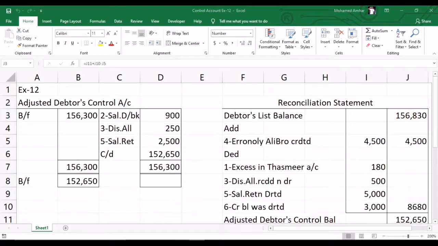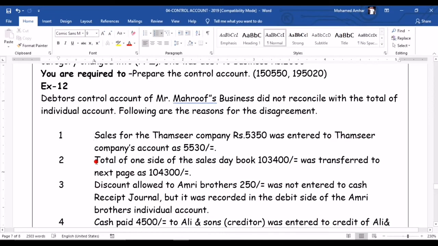Next, the total of one side of the sales day book, 103,400, was transferred to the next page as 104,300. So when transferred to the next page, 900 got more.